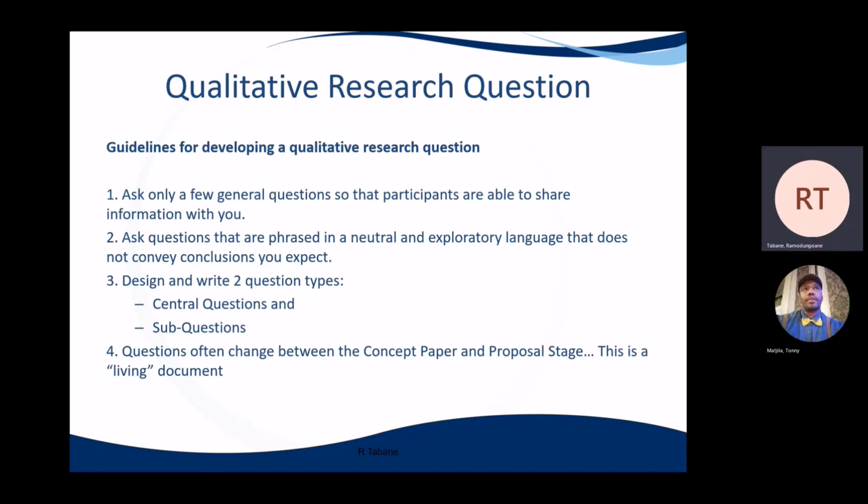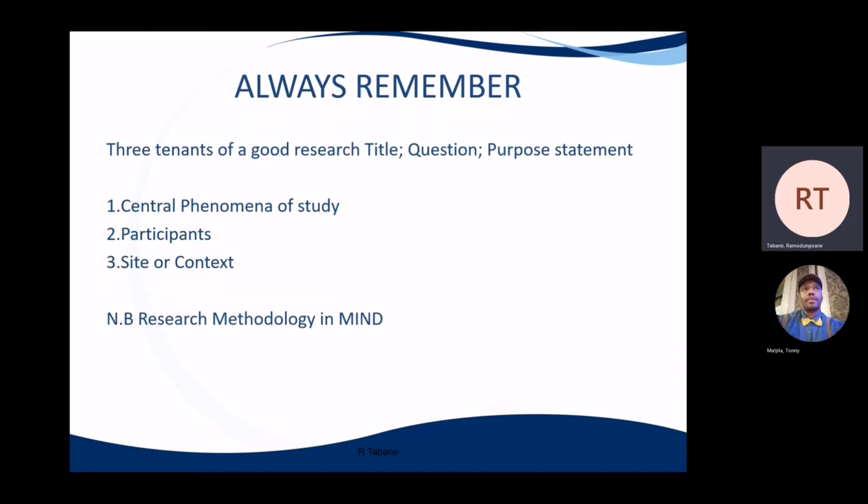Ask questions that are phrased in a neutral, exploratory language. Qualitative, we explore. Then number 3, the design: central questions and sub questions. Questions often change between concept paper and proposal stage. So as you go along, you are allowed to do that because it's a living document.